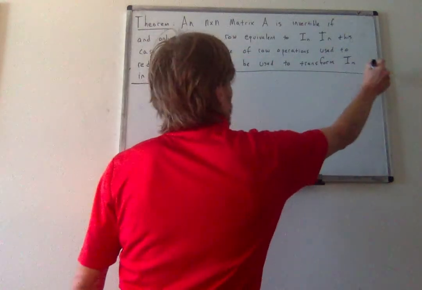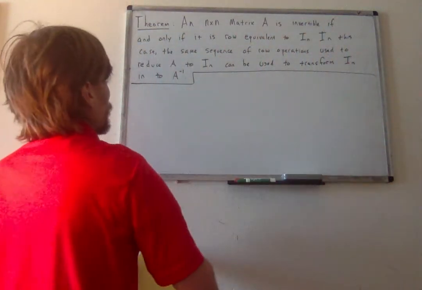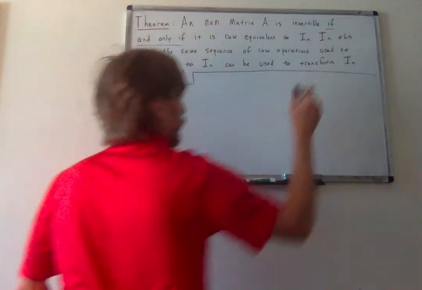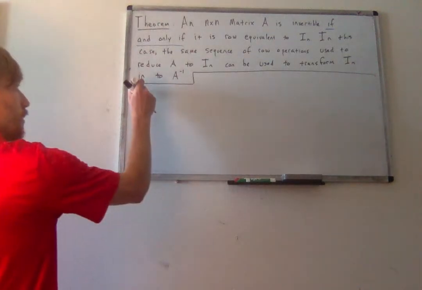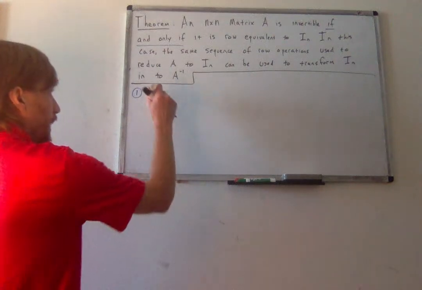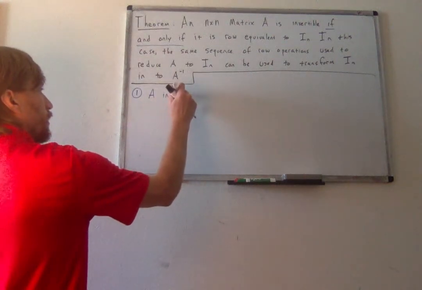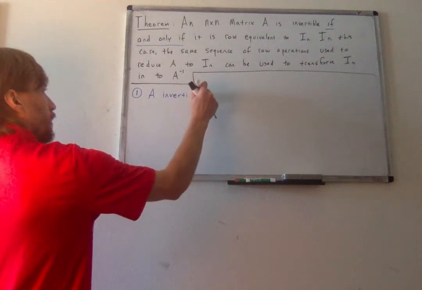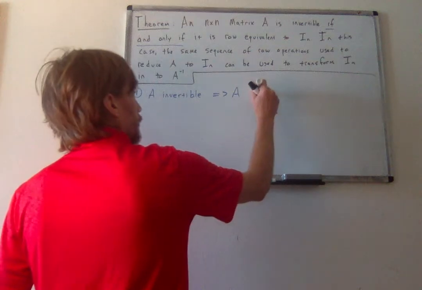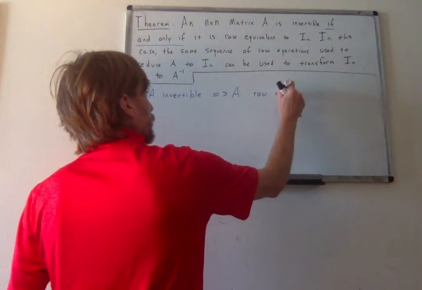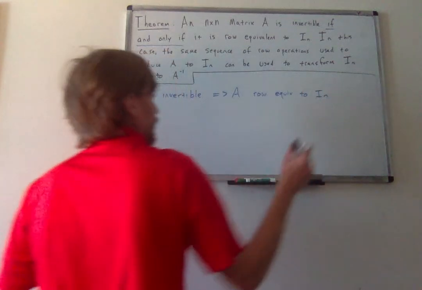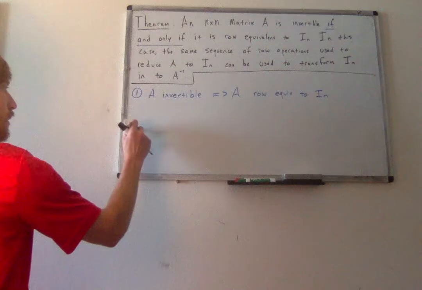Notice that because we have this if and only if, we have to actually show two things in this theorem. The first thing we have to show is that A being invertible implies that A is row equivalent to the identity. This one won't be terribly hard.